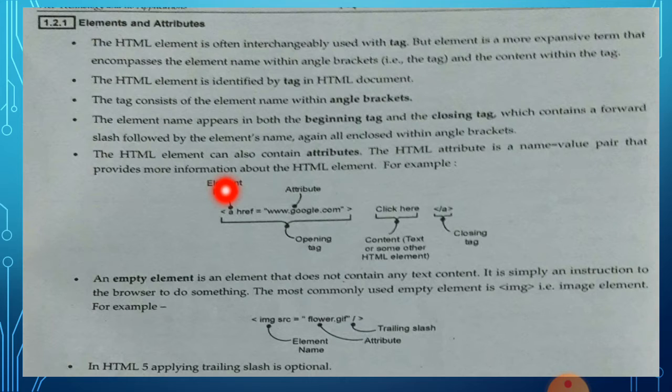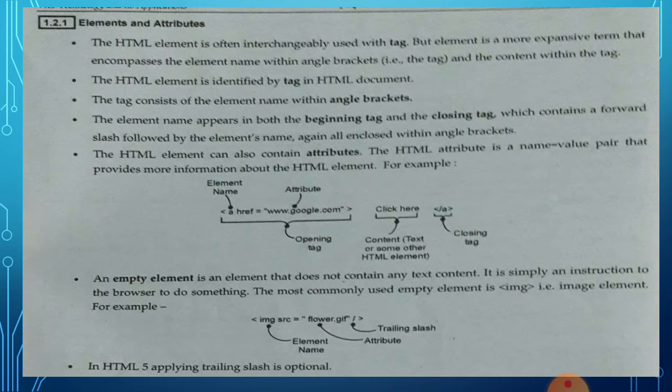This is the syntax of HTML tags: the element name should be provided within angle braces, that is the less than symbol and the greater than symbol, and the element name should appear in both the opening tag and the closing tag. In the closing tag we give the forward slash followed by the element name, and it should be enclosed within angle braces.